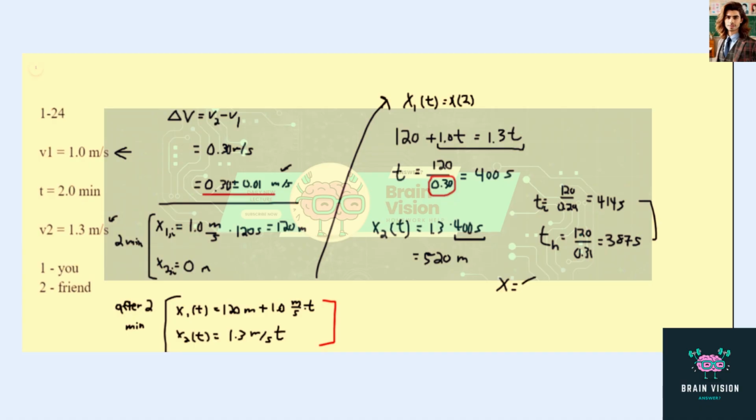We have a low value of 503 meters and a high value of 538 meters. The difference is about 18 meters from our original value. So we can say our final displacement that you and your friend go is 520 meters, again two significant digits, plus or minus 18 meters, 17 or 18 meters, but it's about the same.